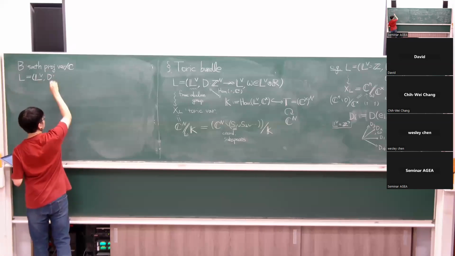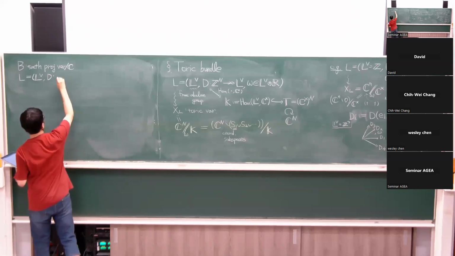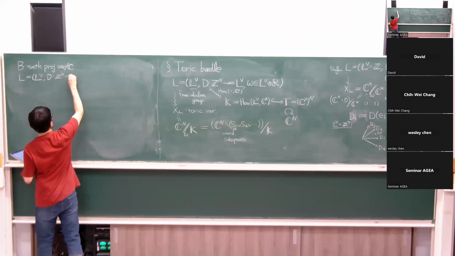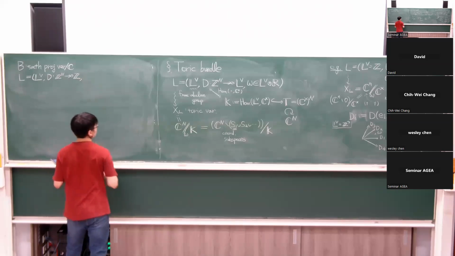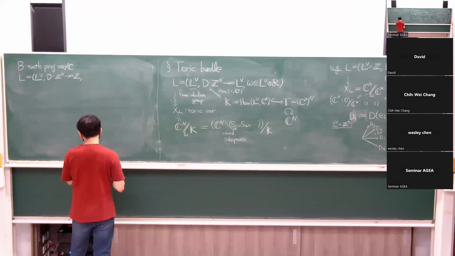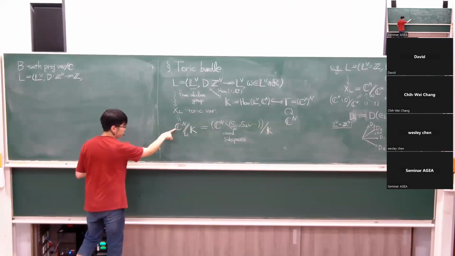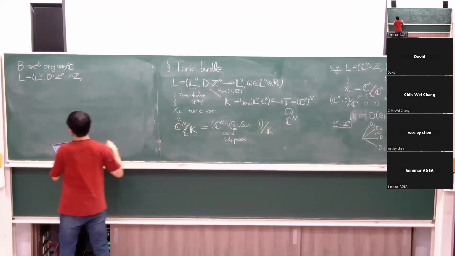Yeah, I want to construct a toric bundle by using this construction in a relative setting. So instead of a vector space, I want to put a vector bundle here.